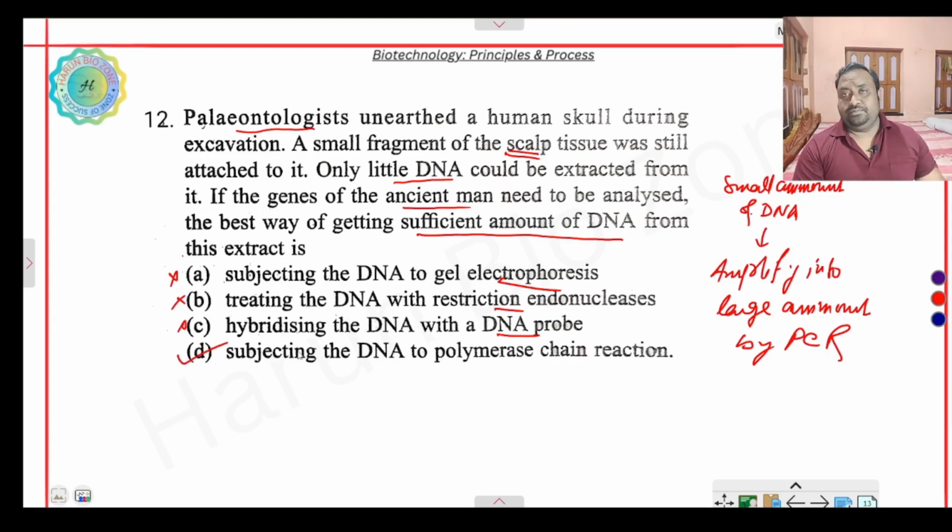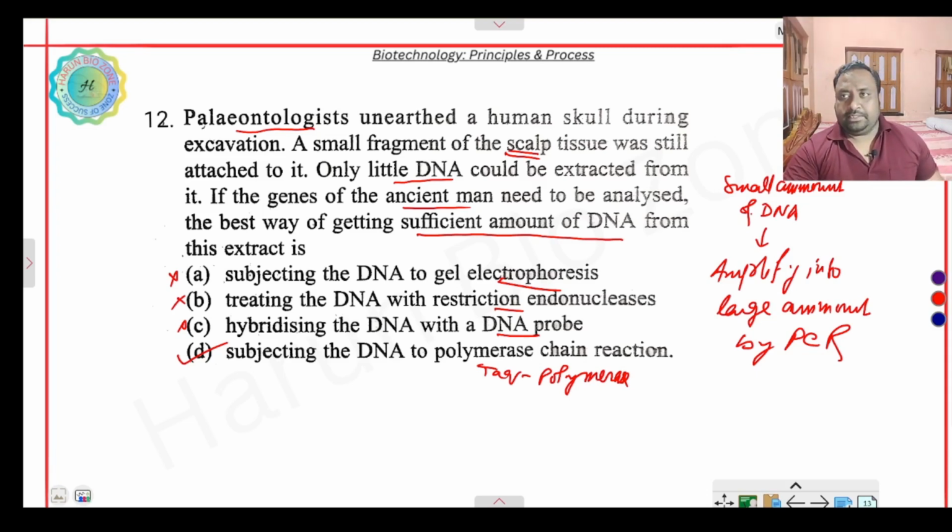In the PCR technique, here we use Taq polymerase.